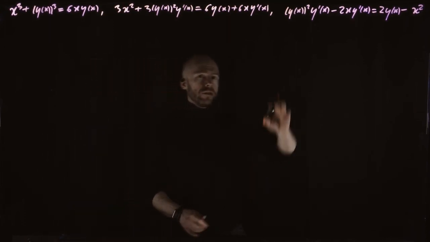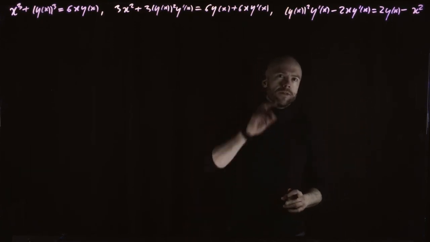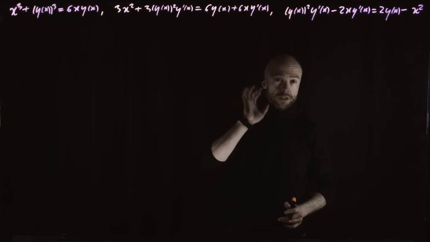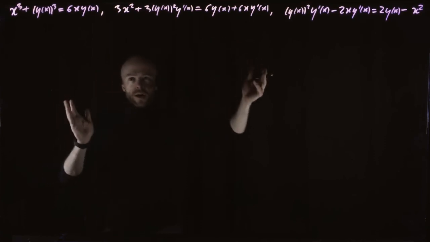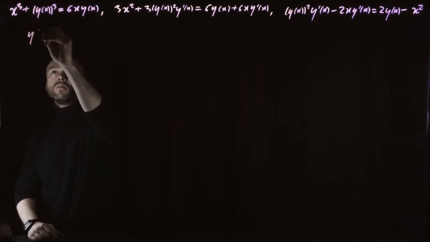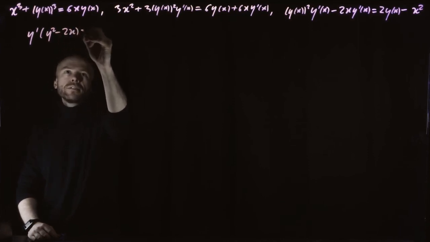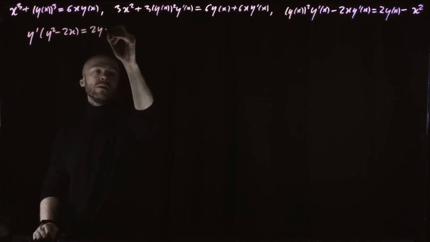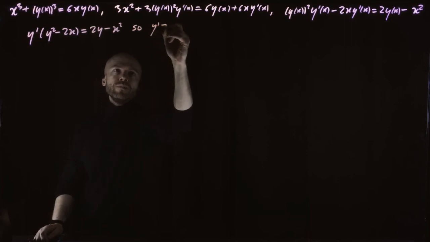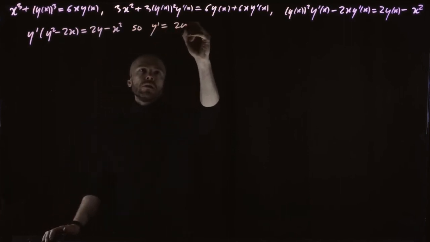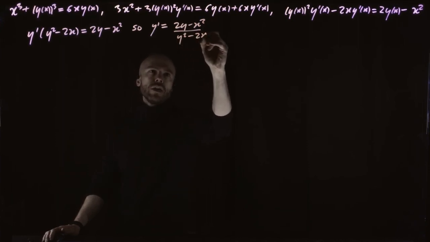Now that I've done this differentiation, I'm not going to differentiate again, so now you're permitted to stop writing y of x. Once you're sure you're done with the differentiation, you can just write y prime and y. So we're going to have y squared minus 2x times y prime is equal to 2y minus x squared. So y prime is equal to 2y minus x squared over y squared minus 2x.